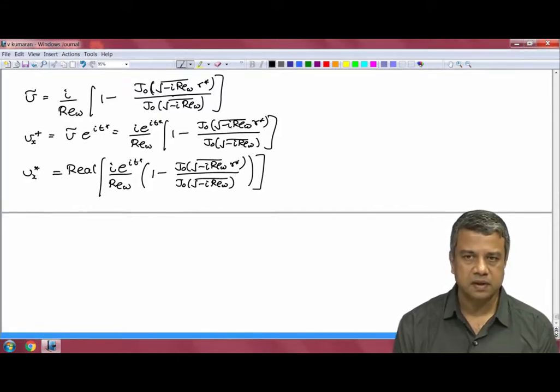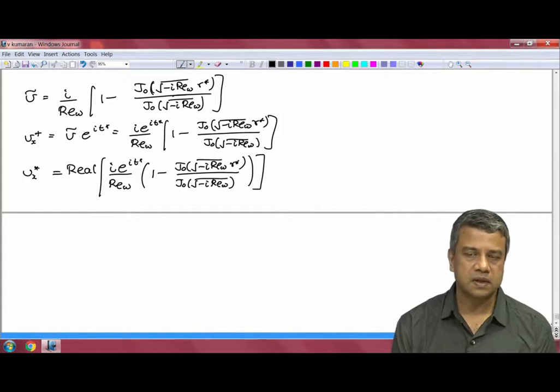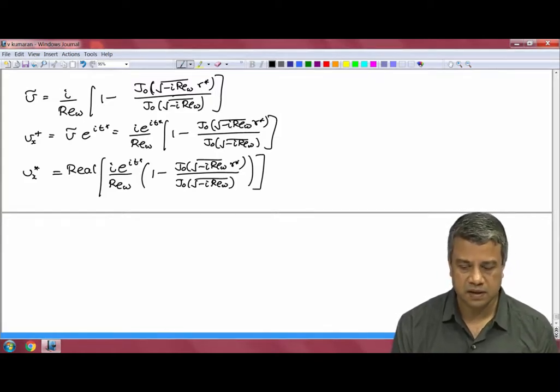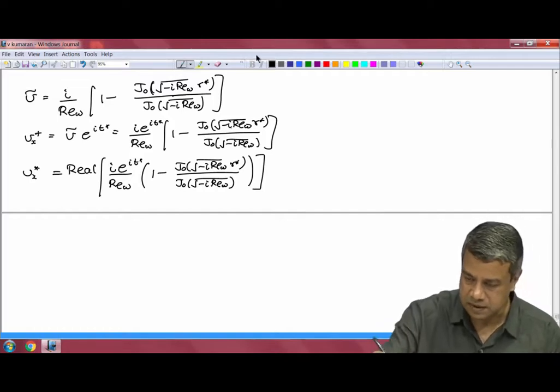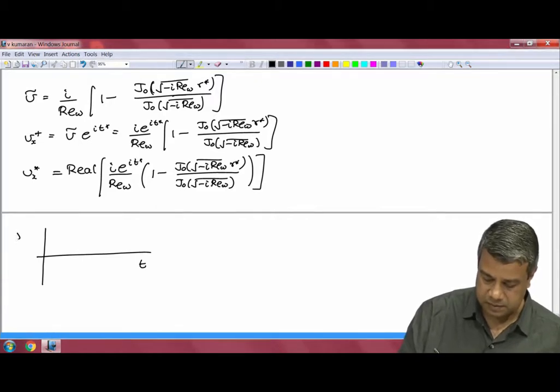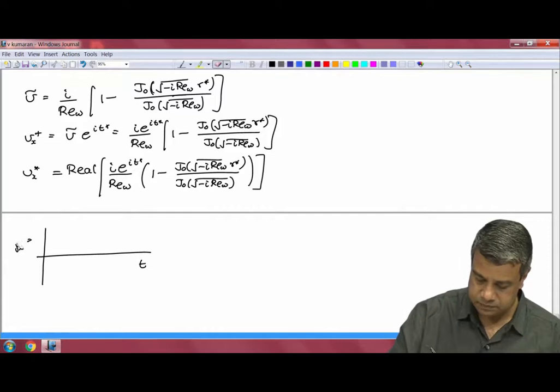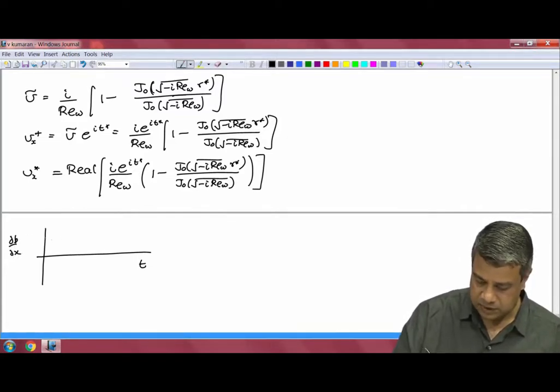First I will give you the numerical solutions of this equation, where I will explicitly plot out the solutions for the velocity field at different phases. For example, we know that as a function of time, the pressure gradient partial p by partial x is a cosine function.